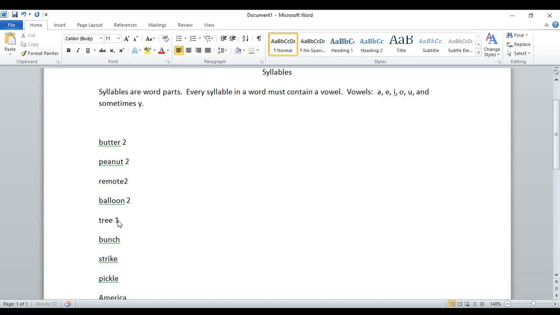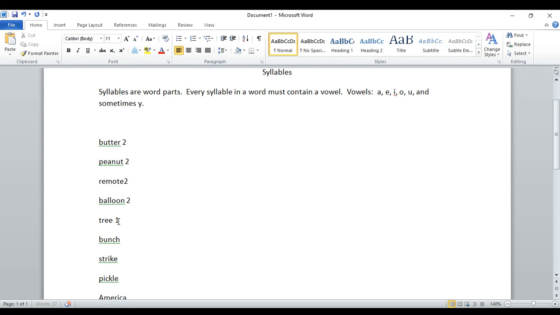Sometimes we exaggerate when we speak to figure out the syllables, but sometimes that exaggeration leads us down the wrong road. Like we would say ba-loon. That's not the normal way we say balloon, but saying it that way helps us to know that there's two syllables.